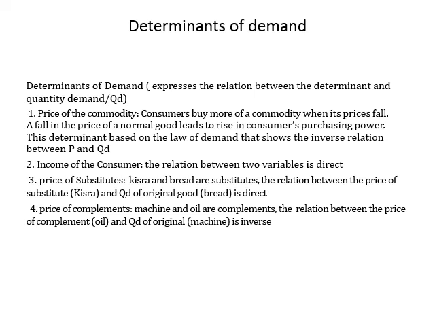So the relation between price of complement and quantity demanded of the original is inverse. And the curve that expresses the relation between these two variables is inverse, sloping down. Because the relation is inverse, the curve is negative, sloping downward.